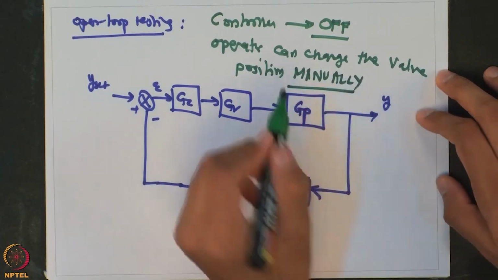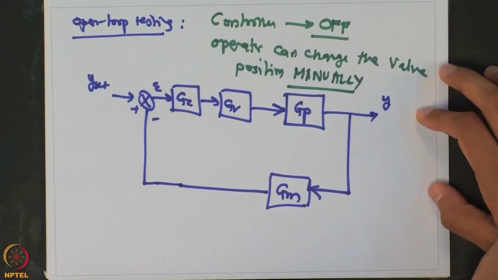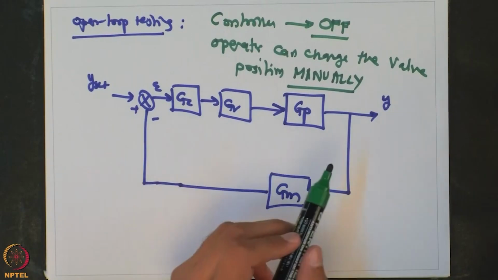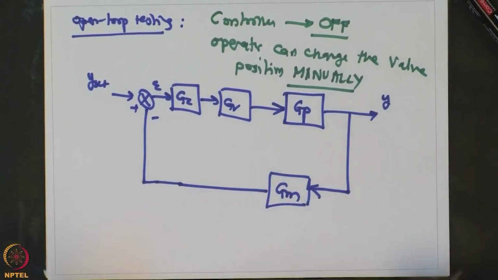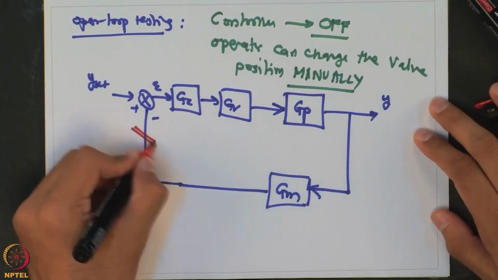That is what we know as a manual operation. So what we would be doing is opening this loop. That is known as open loop.